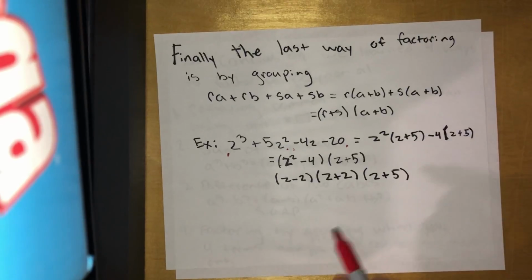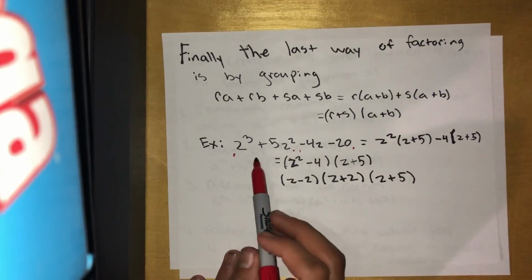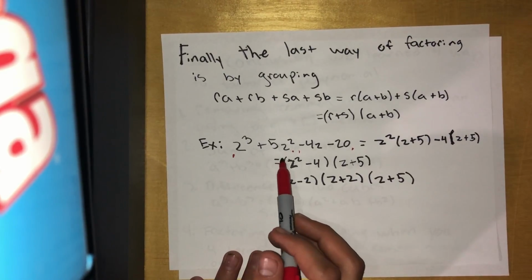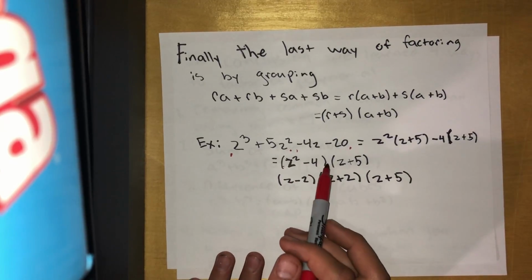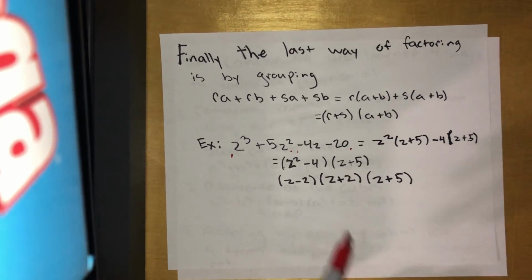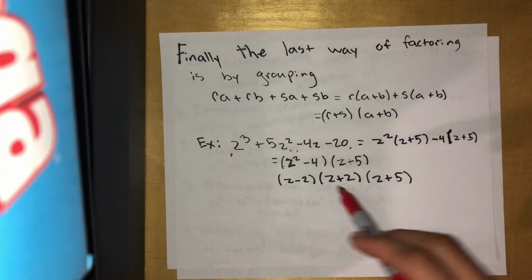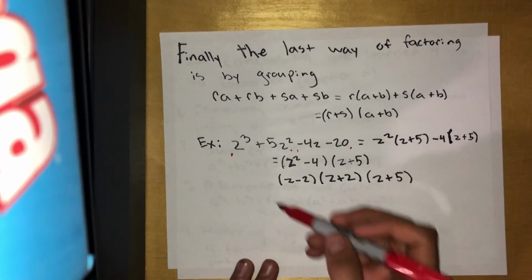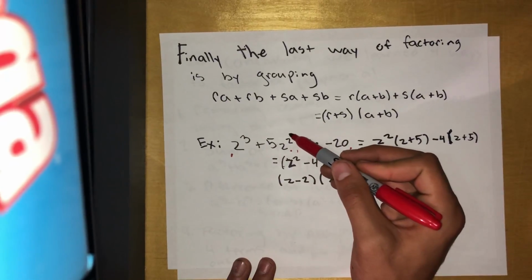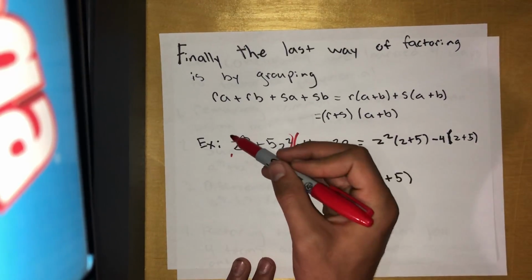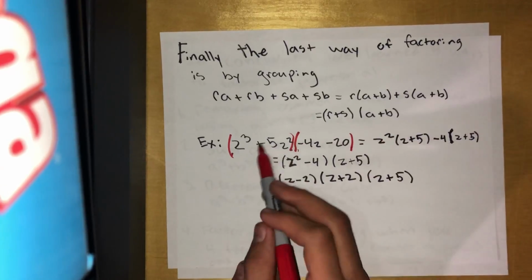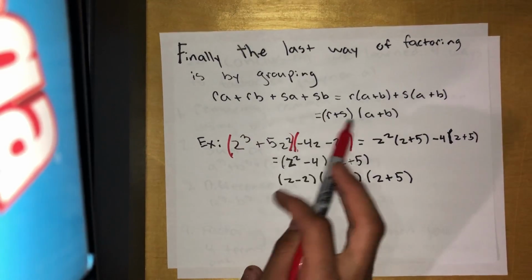So if you have the polynomial z cubed plus 5z squared minus 4z minus 20, this way of factoring you use when you have 4 terms. What you do if you see 4 terms is I like to put parentheses right down the middle and on the outside, so you have it split up.